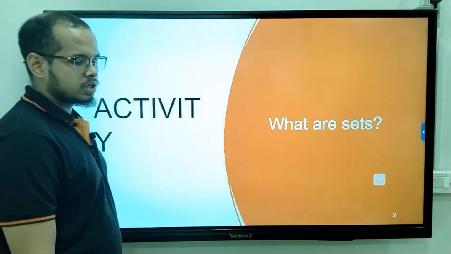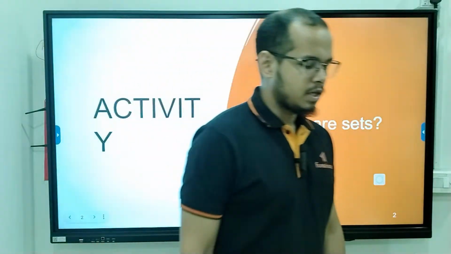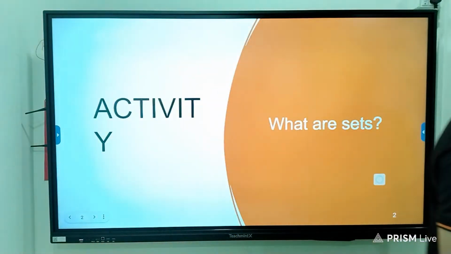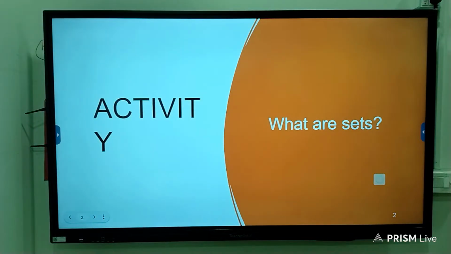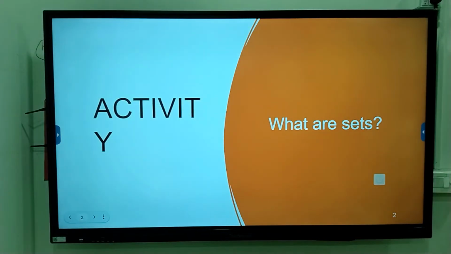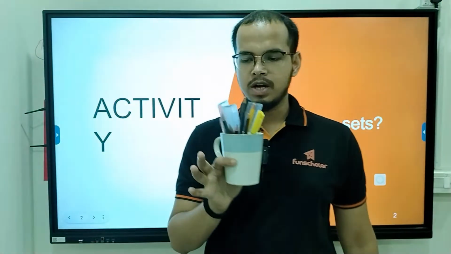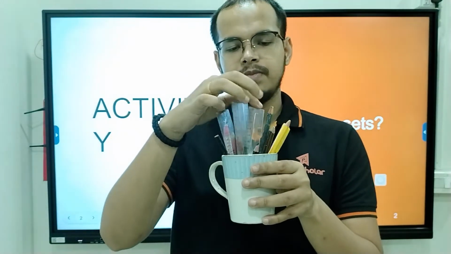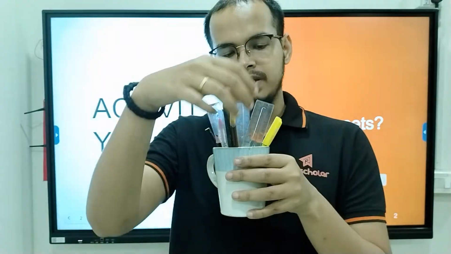So first, what are sets? A very fine example of sets: let me bring some pens and everything. So here, in this particular cup, there are a few scales, a few pencils, color pencils, and two pens.